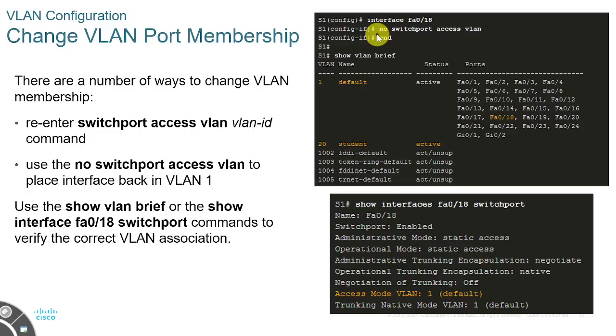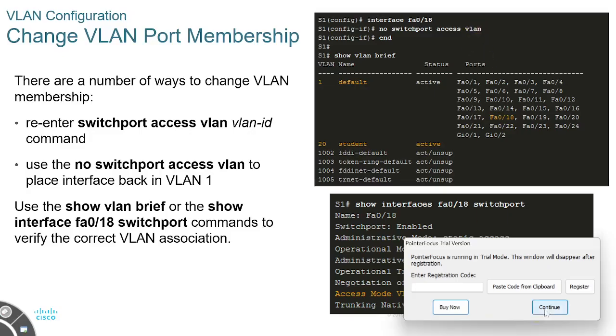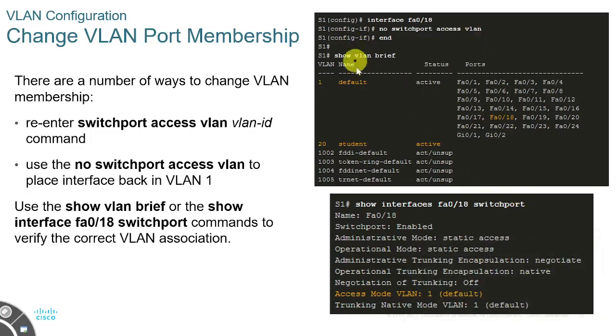If I execute no switchport access vlan, what will happen? Then after executing this command, I run show vlan brief. What will we have here? It's saying to me, no switchport access vlan places the interface back in VLAN 1.